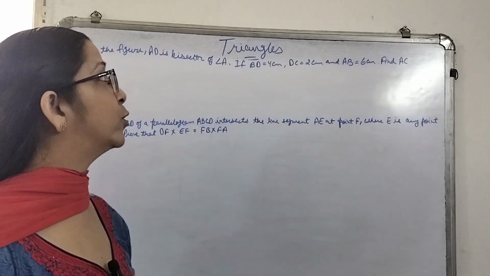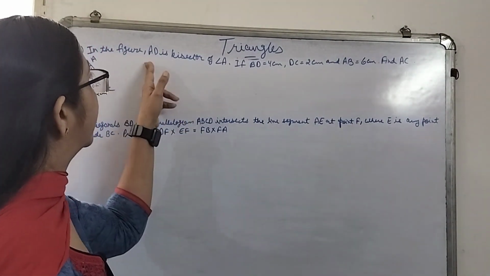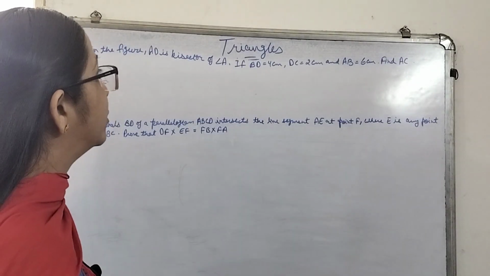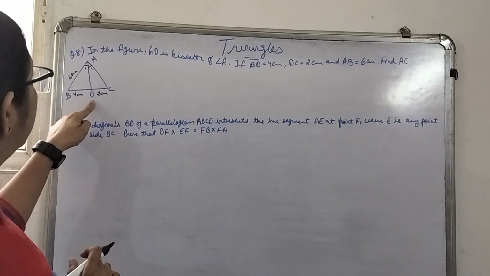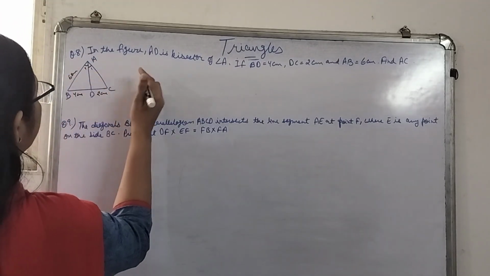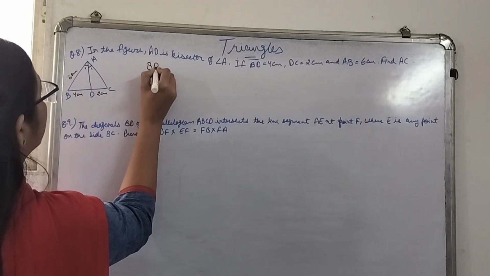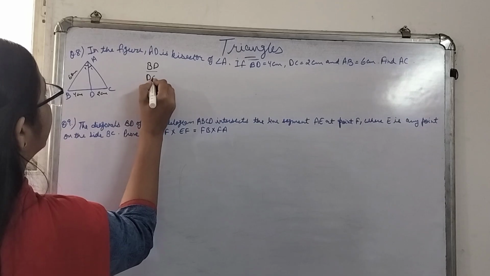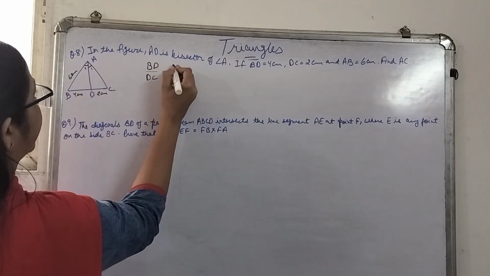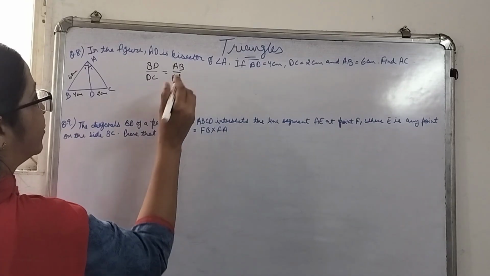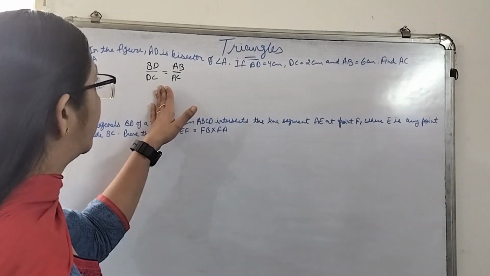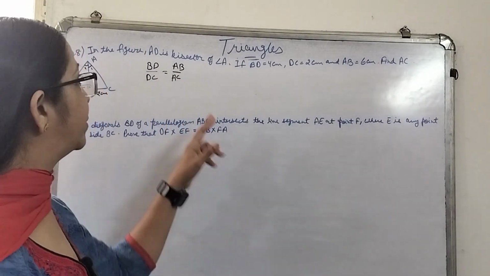So in our previous video on the chapter, we have seen the angle bisector theorem. According to the angle bisector theorem, if this AD is bisecting this angle A, in that case, the ratio of BD over DC will be equivalent to AB over AC. The proof of the theorem we have even seen in the previous video.